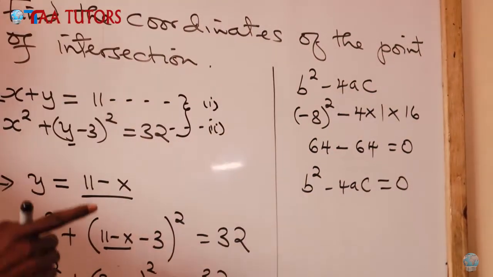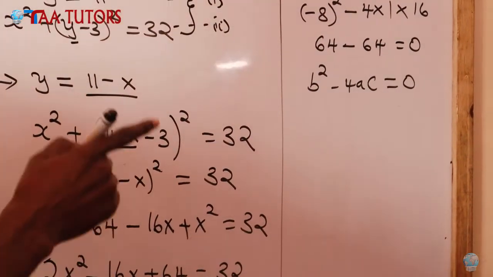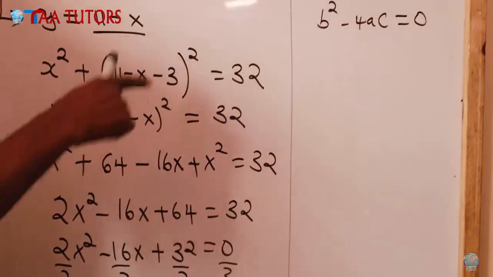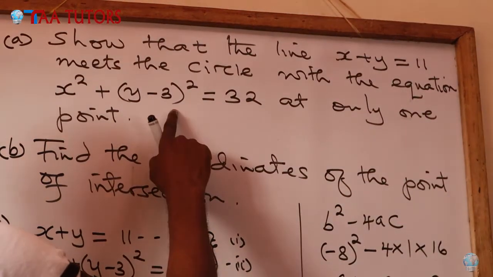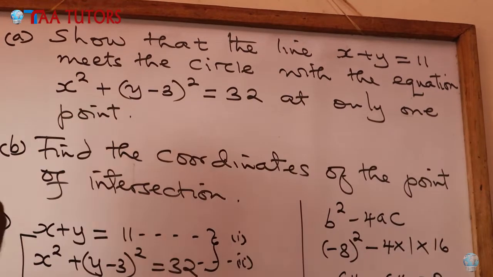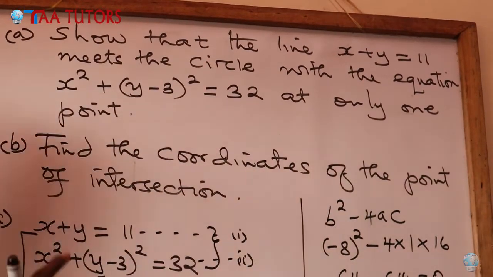And I said if the discriminant of the quadratic equation is equal to 0, it means that this line here is intersecting the circle with this equation here at only one particular point. Now we are finished with that.